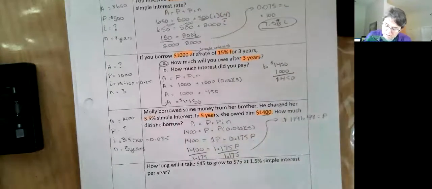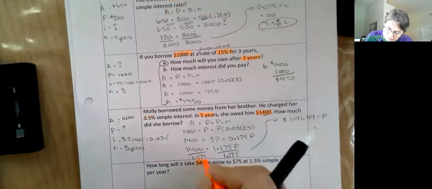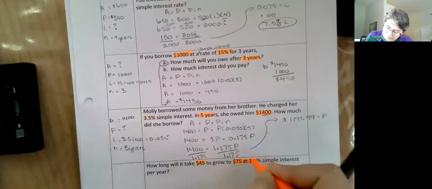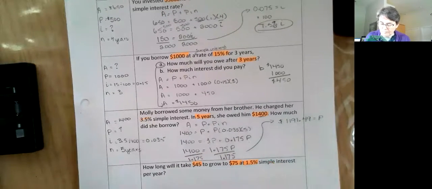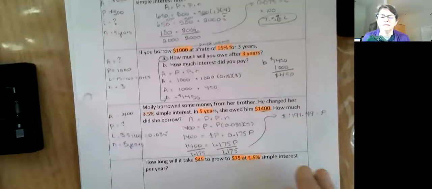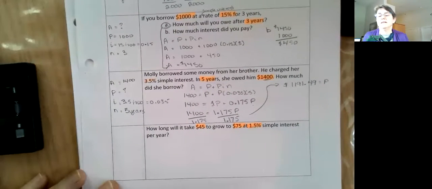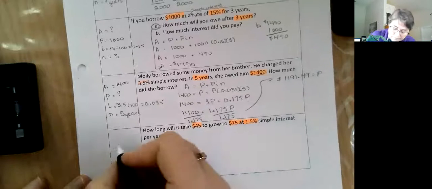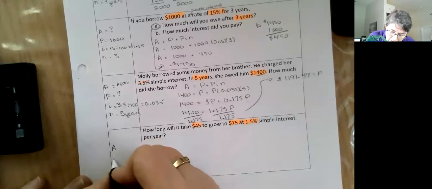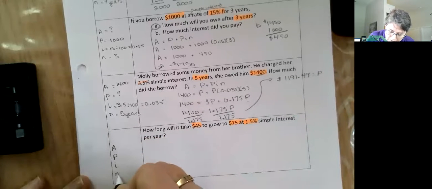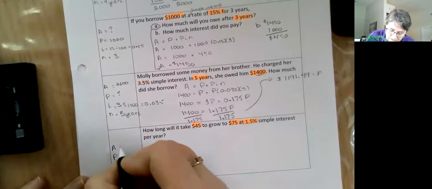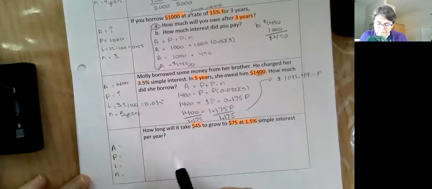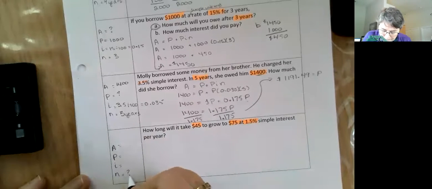And our last one. If you're wondering, does she just underline or highlight all the numbers that are there? Yeah, pretty much. And then I figure out what to do with them as I go. A, P. All right, how long? So I don't know what N is.